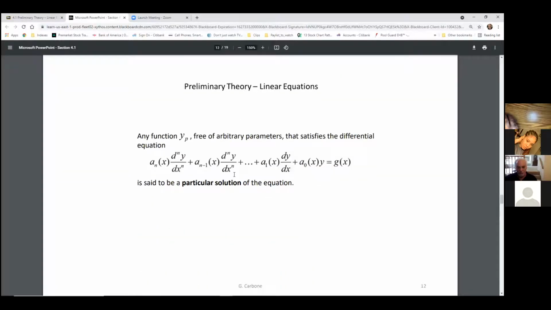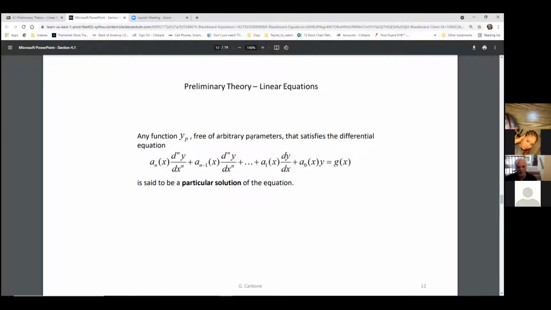All right. Now, any function y of p, free of arbitrary parameters, that satisfies the differential equation is said to be a particular solution of the differential equation. We'll see that when we look at the general solution to the differential equation, there are arbitrary parameters, but the particular solution is not going to have arbitrary parameters. You'll see this in a minute.